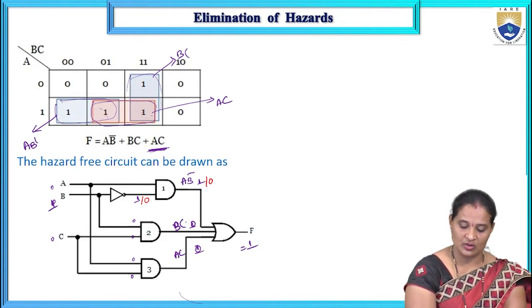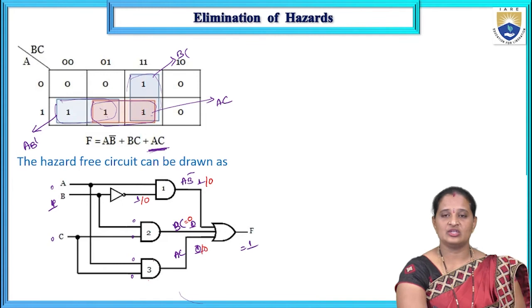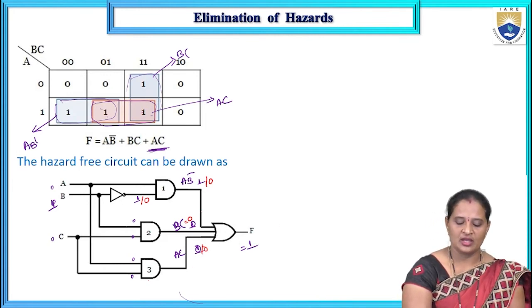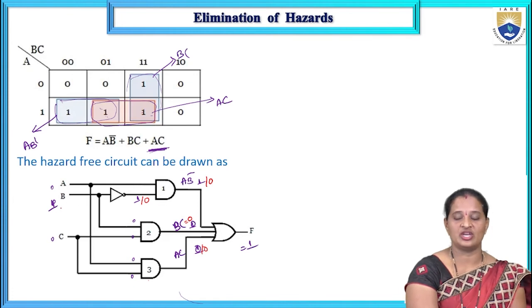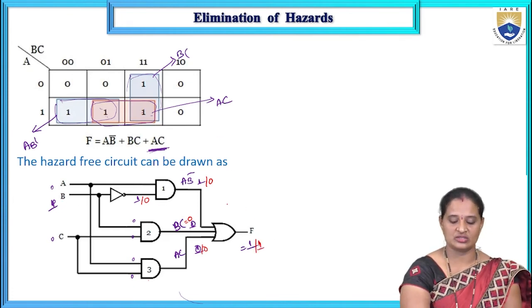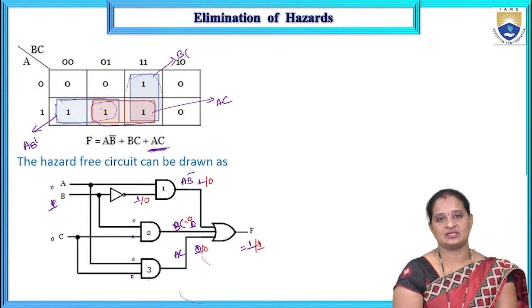So this is also 0, and AC is also 0, because these are AND gates. If any one of the inputs to an AND gate is 0, the output is 0. Here, even though the input has changed from 1 to 0, the function output remains 1 because this is an OR gate. That is how we are eliminating the hazard here.